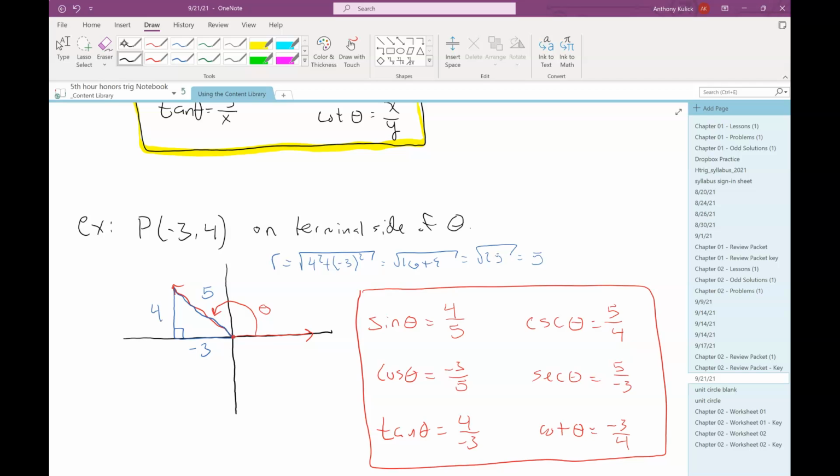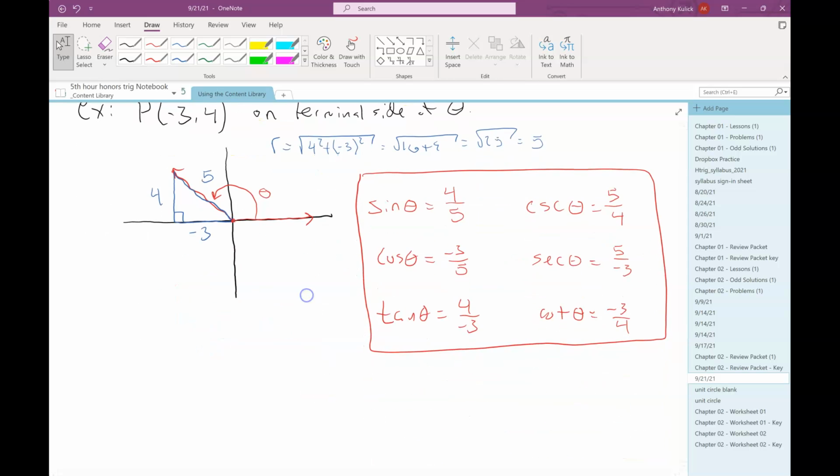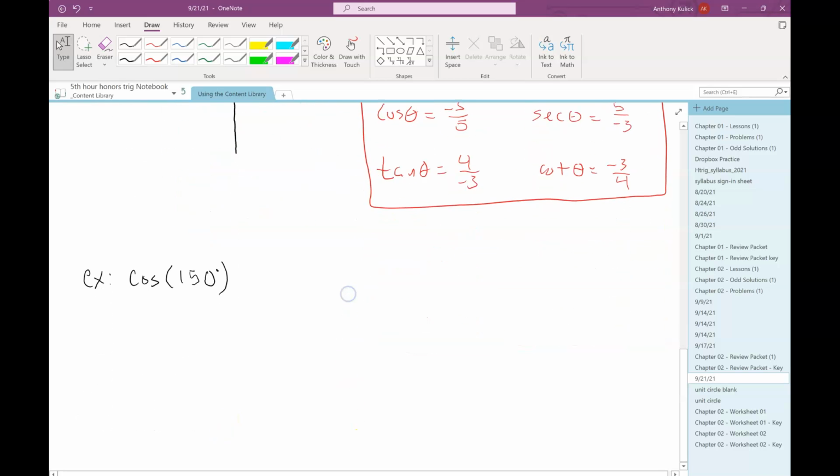So let's take this a step further now. Let's say we want to find cosine of 150 degrees. Again, not necessary to do this graphically, but as we're conceptually getting used to what's going on, let's draw the picture to support what we're doing algebraically.